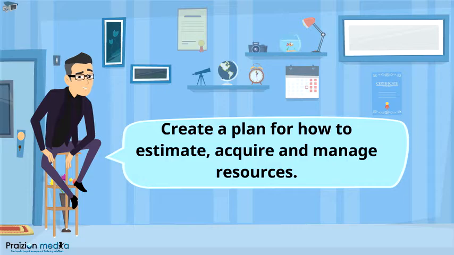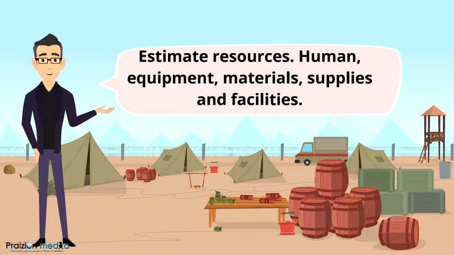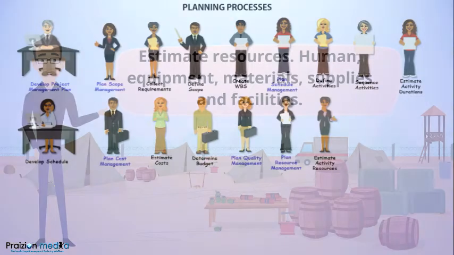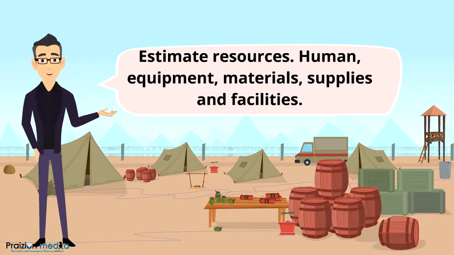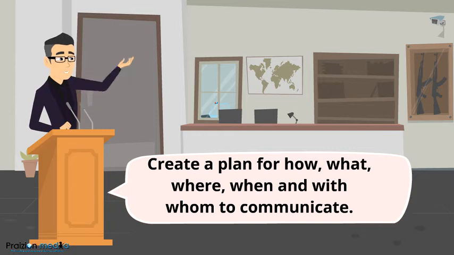The next process here is estimate activity resources. This is where the resources needed for the project, human, equipment, materials, supplies, and facilities are estimated. The next process is a new knowledge area here. This is the communications knowledge area, and the first process is plan communications management.